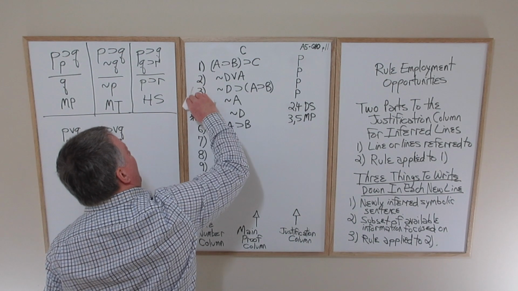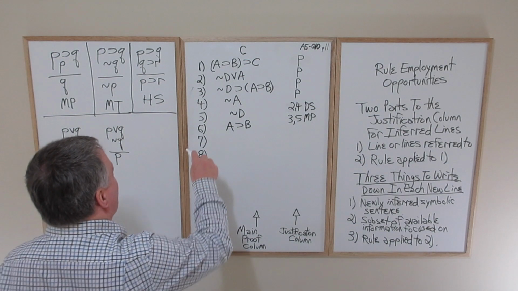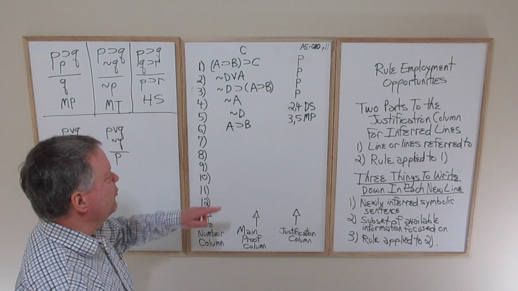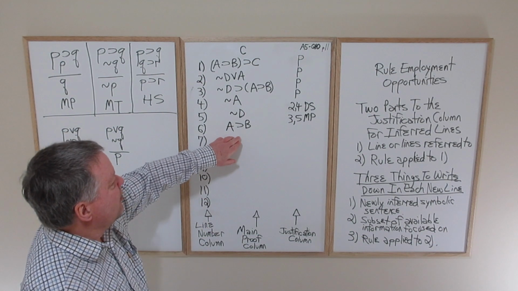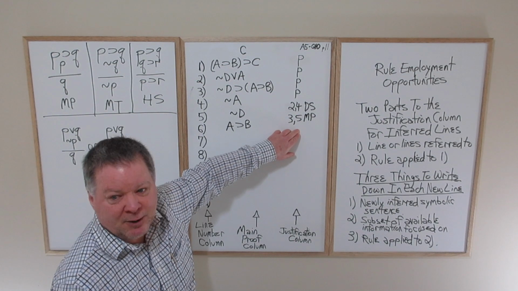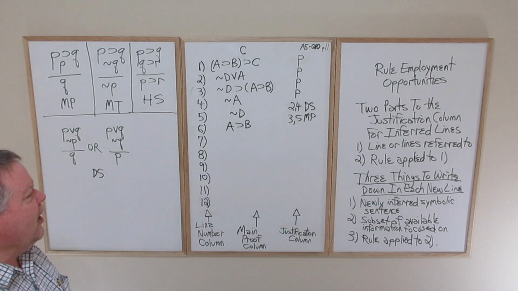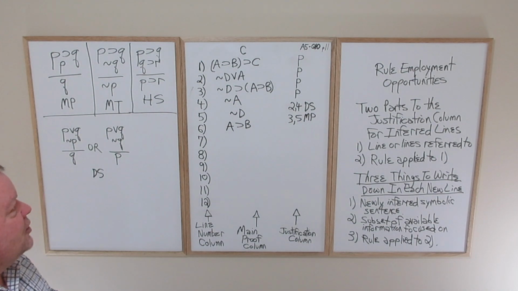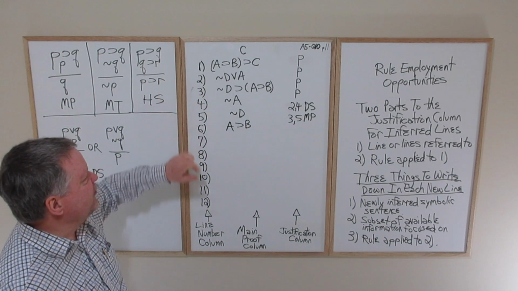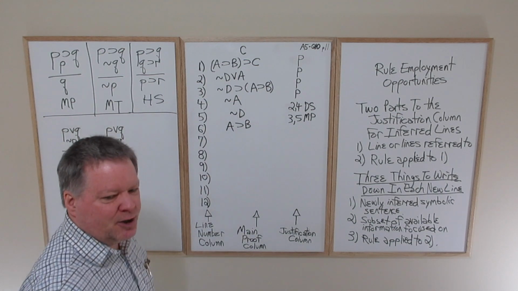So, having carried out that second step in the proof, that second line of inference, where we specified the newly inferred sentence, the subset of available information we focused on, and the rule we applied to that basic information, we now have not 4, not 5, but 6 lines of available information.